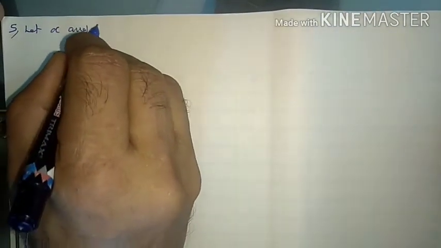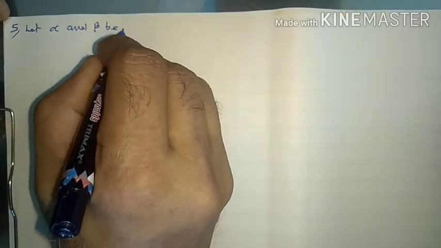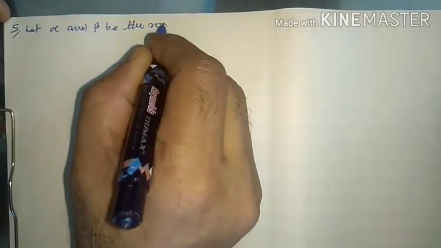Now we do question number 5, out of 5, 6, 7. Given: sum of roots of a quadratic equation is double their product. Let alpha and beta be the roots.